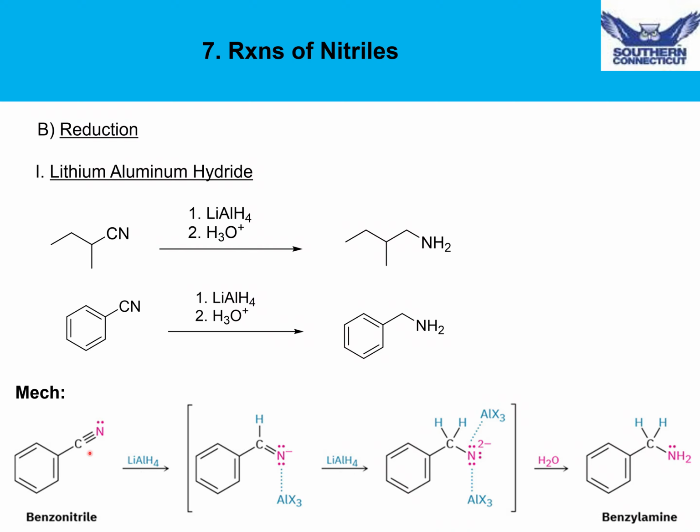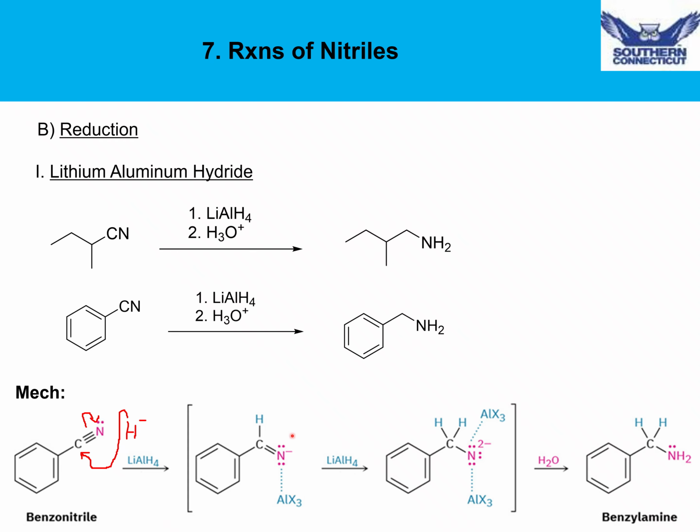The reaction starts by lithium aluminum hydride providing a hydride, so an H-, which will add to the carbon of the nitrile, break the double bond, or the triple bond, excuse me. That leads us to this iminium anion intermediate that we see here.